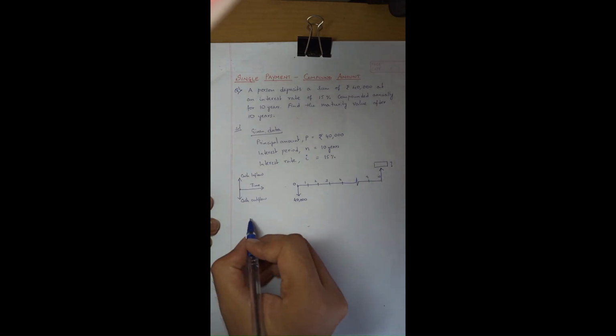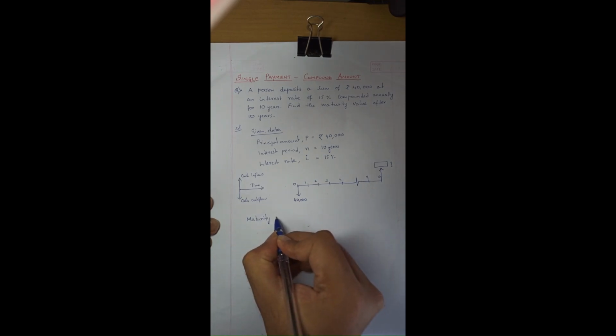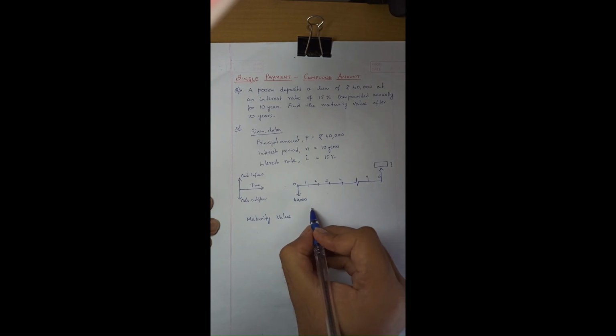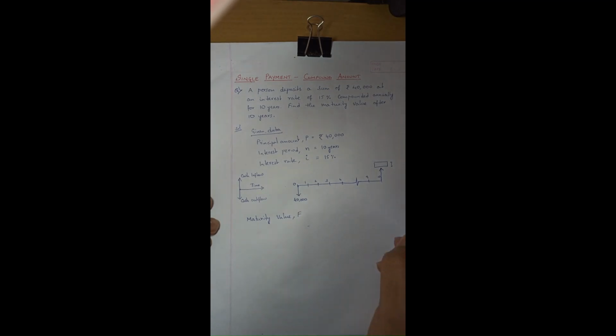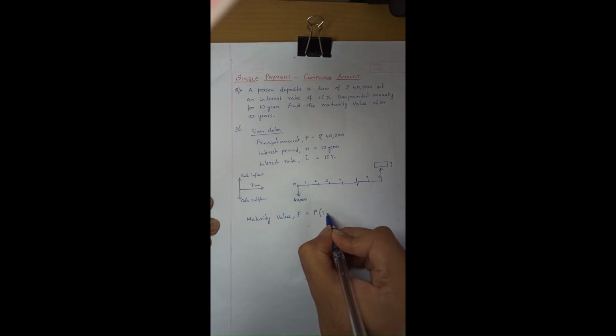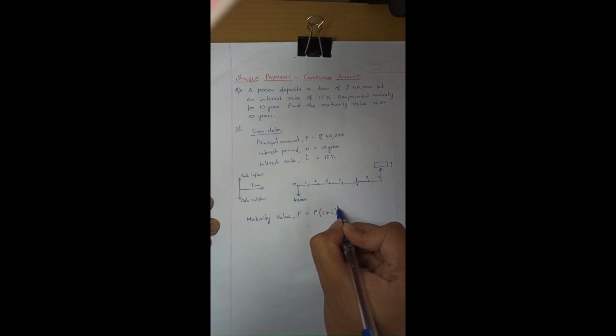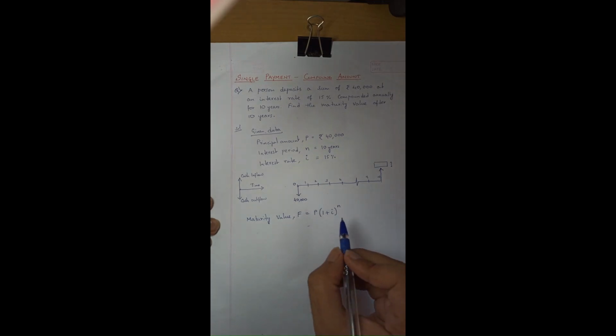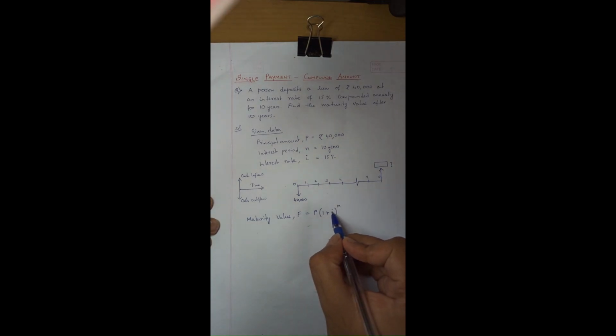So for the maturity value, we have the equation to calculate it. Here P is the principal amount and F is the future sum. The value of F is equal to principal amount multiplied by (1 plus i) to the power of n. Here we need to keep in mind that the value of i, the interest rate, is in decimals, not in percentage.